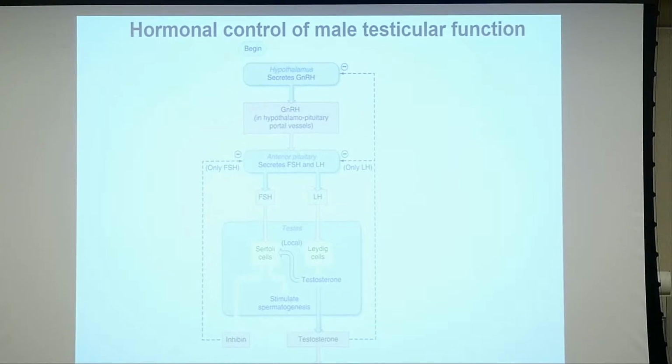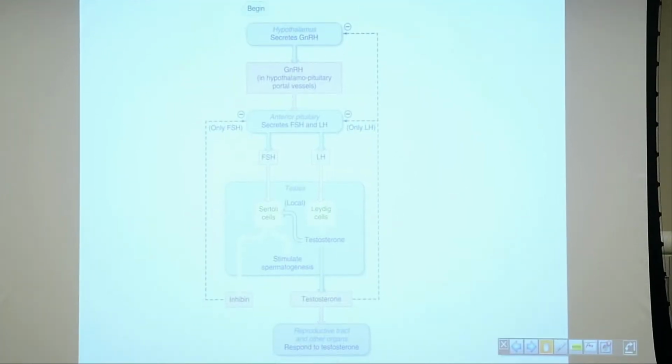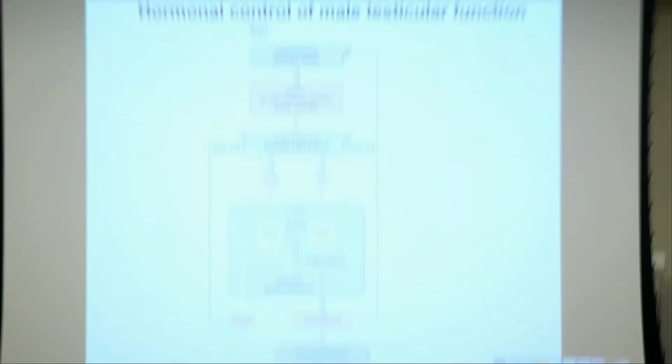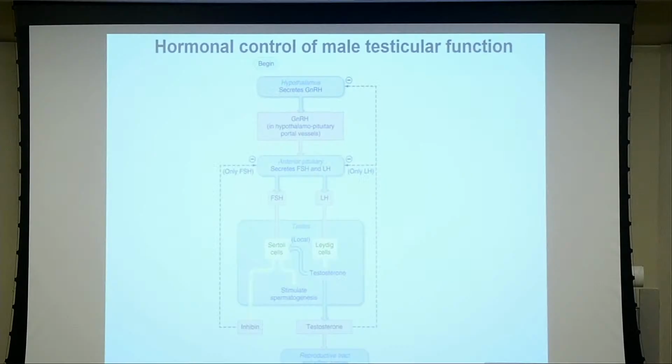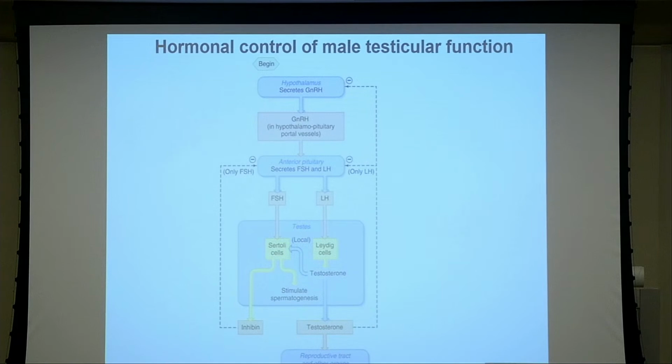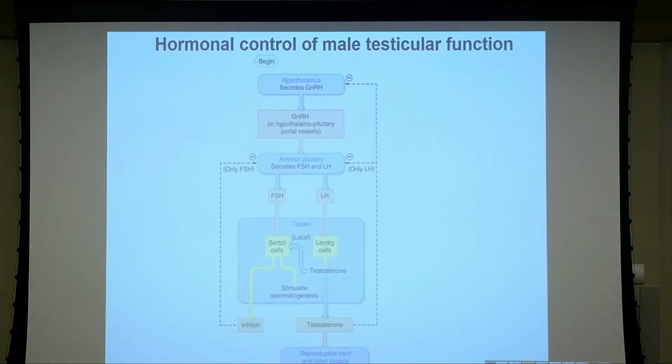Once the male reaches puberty, the so-called hypothalamus pituitary gonadal axis will be activated.